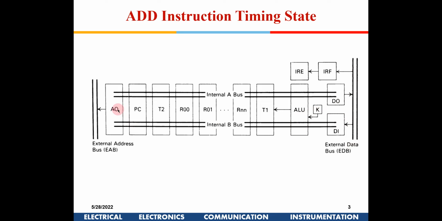Similarly, when we are fetching data, it comes into the DI register, and when we are writing data, it goes to the DO register. But whenever we are fetching an instruction which needs to be executed, when the address is placed from the program counter to AO, then the next instruction will be brought into the IRF, the instruction fetch register, and then from the IRF in the next cycle it goes into the instruction execute register, the IRE.